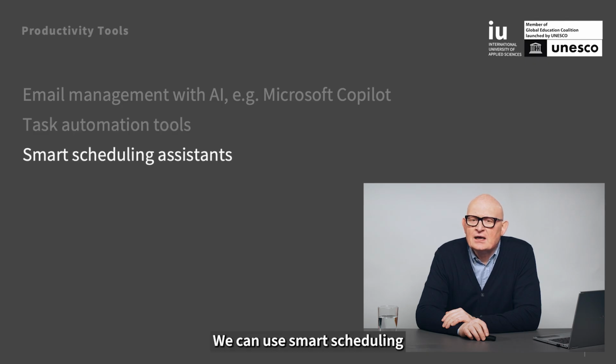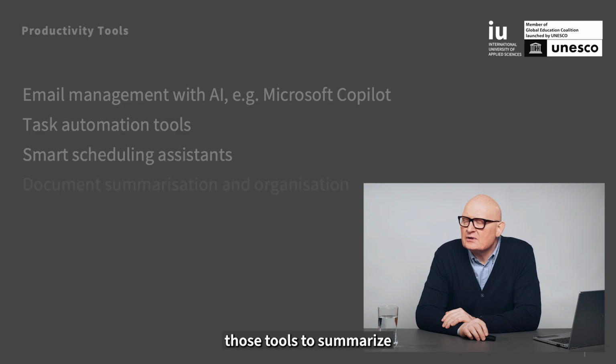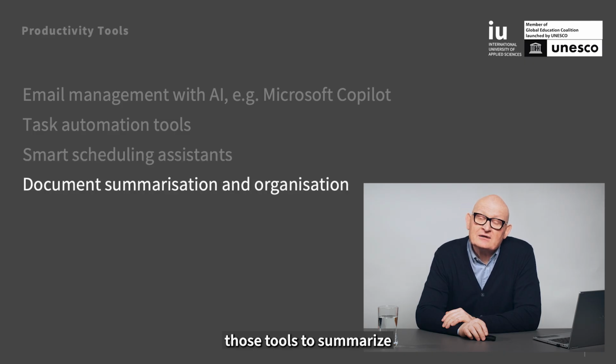We can use smart scheduling assistants to help us find, for example, a meeting space and a meeting time with some colleagues just by asking Copilot to see what is available. We can use those tools to summarize complete conversations or to find the content of a conversation and to recap what we have done on a particular topic, even when it's weeks ago or even years ago.